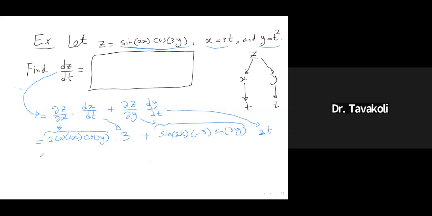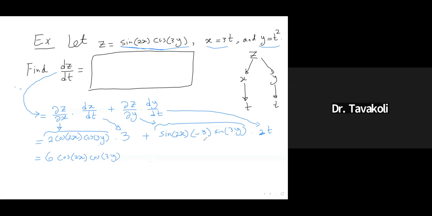Now let's simplify this a little bit. And as I mentioned before, at the end, I should write everything in terms of t. So in the first product, 3 times 2, 6 cosine of 2x cosine of 3y.